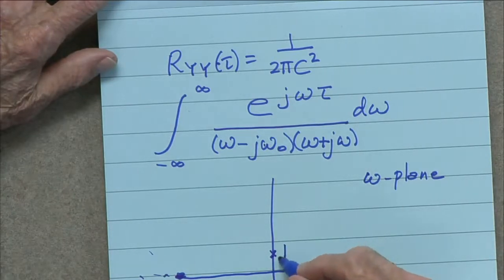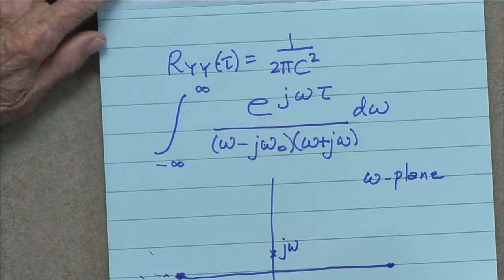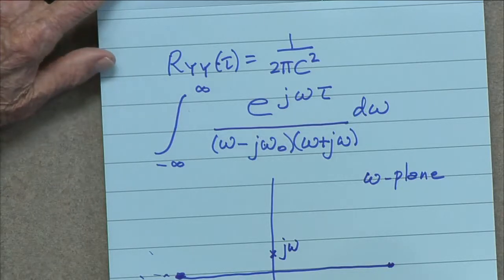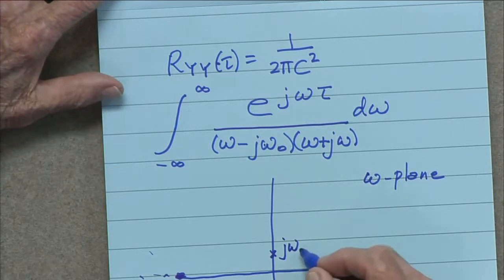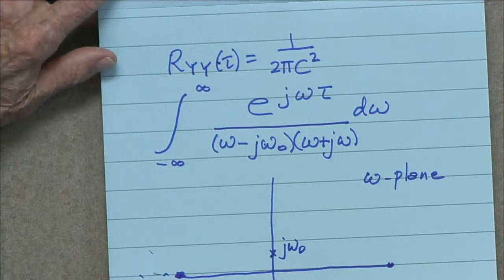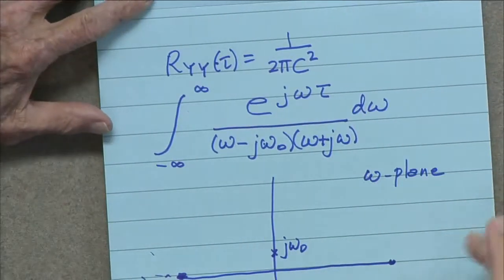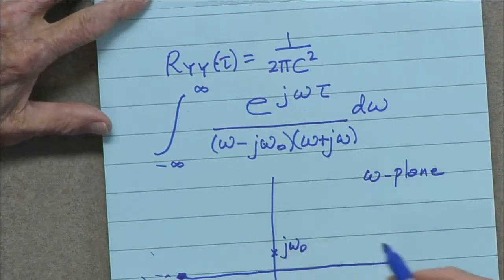There's one at j omega 0, there's a pole at minus j omega 0. Got two poles. Now, where's the contour? We're lacking a contour.